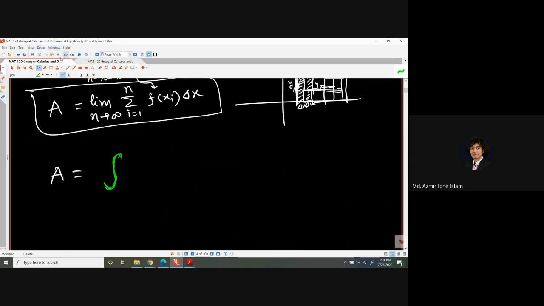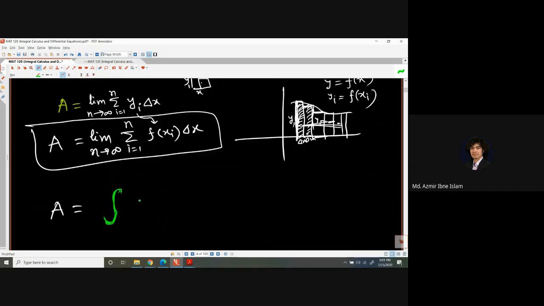So it is called the integral sign, and the function is f of x. Instead of delta x, we are writing dx from the starting part to the ending part.